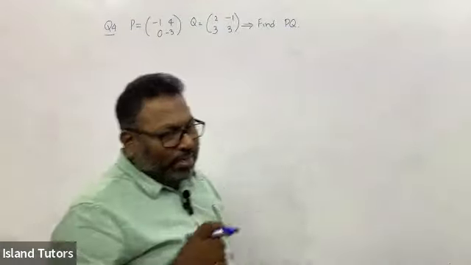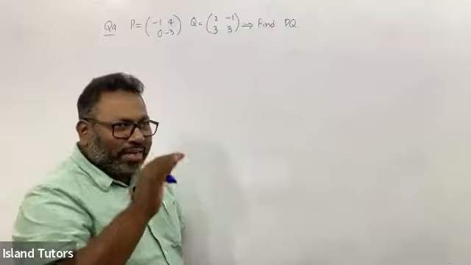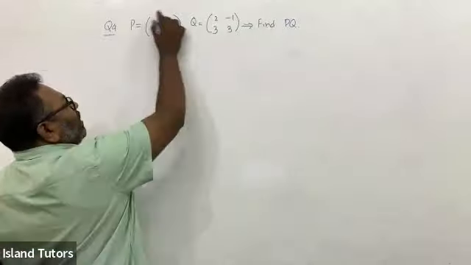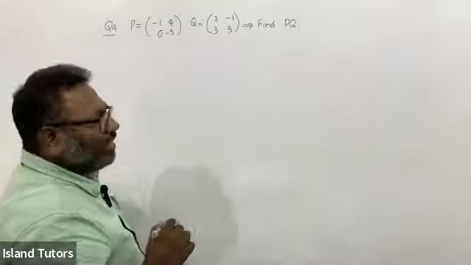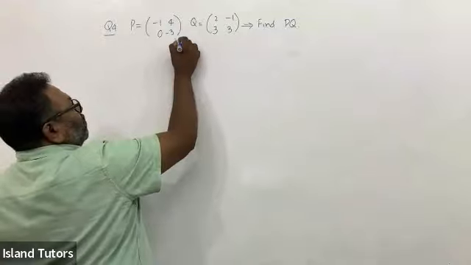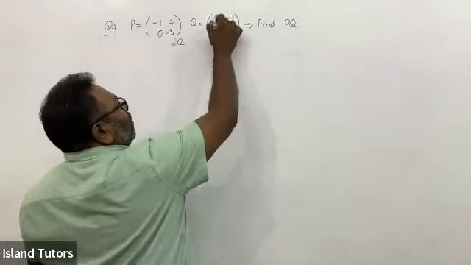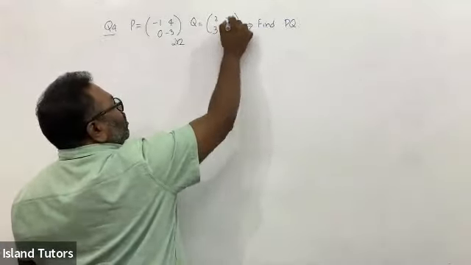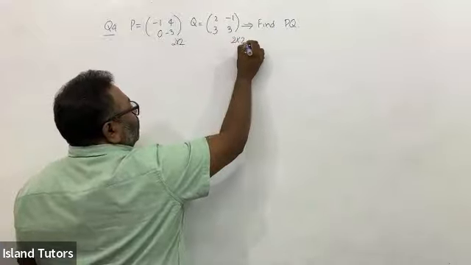When you're doing multiplication of matrices, there is a technique. First, we need the order. What is your order? You have 2 rows, 2 columns, and Q also has 2 rows, 2 columns.